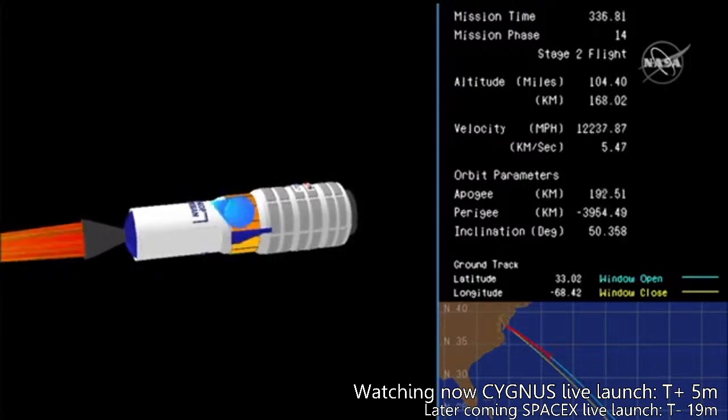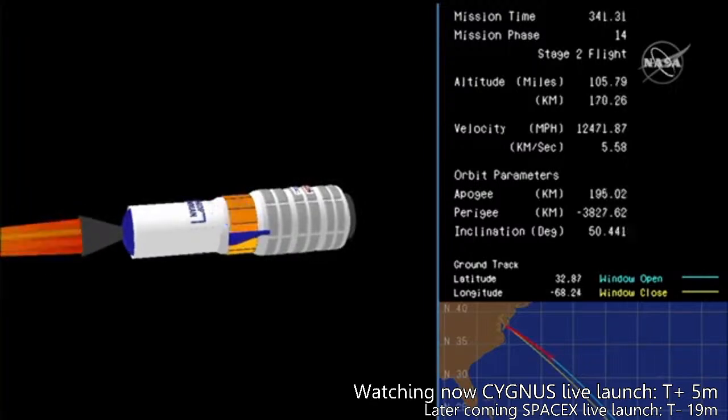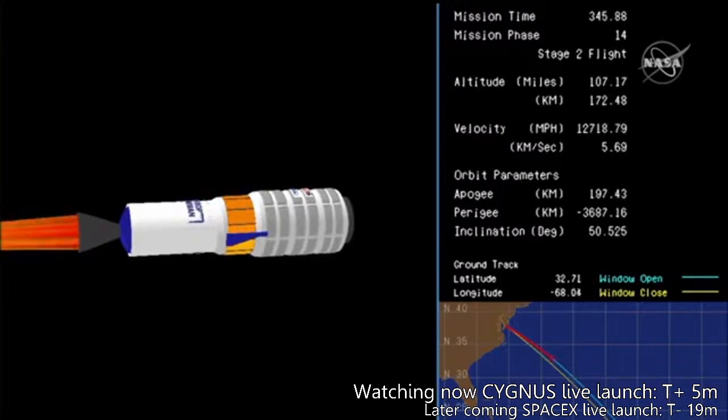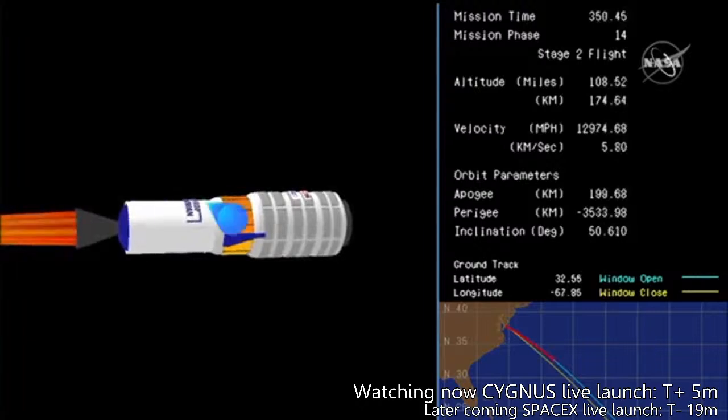The second stage burnout is scheduled at about the 6-minute 51-second mark into the flight. Altitude 170 kilometers, roughly 1 minute to stage 2 burnout.